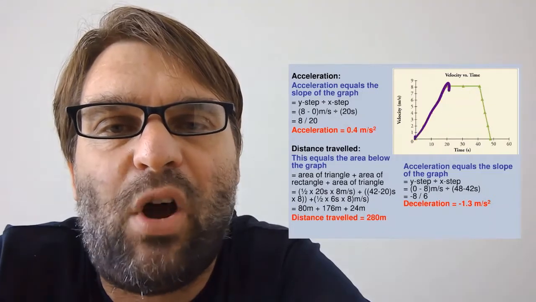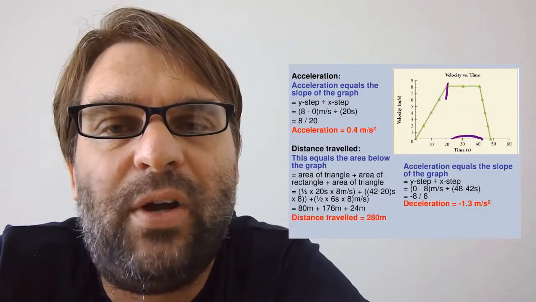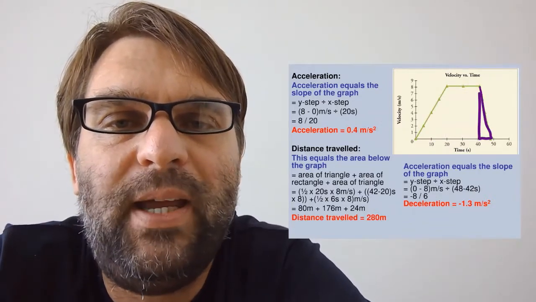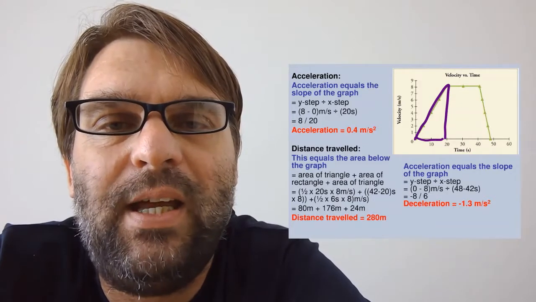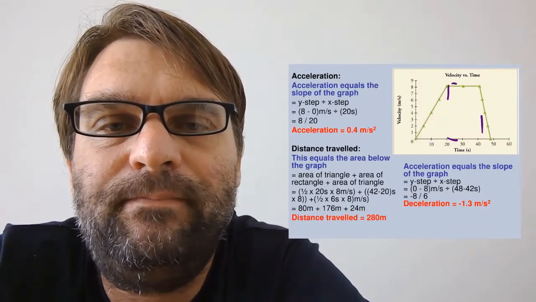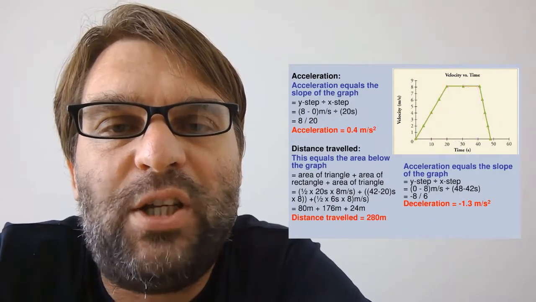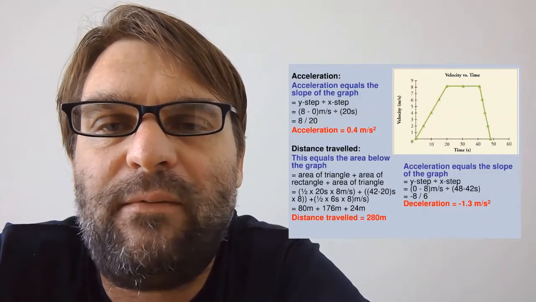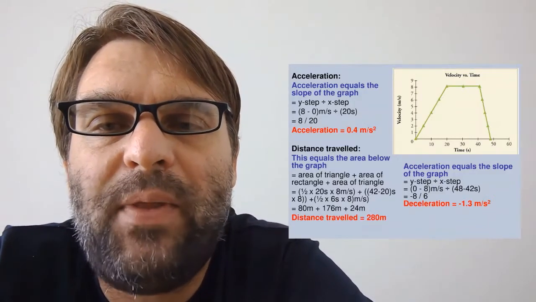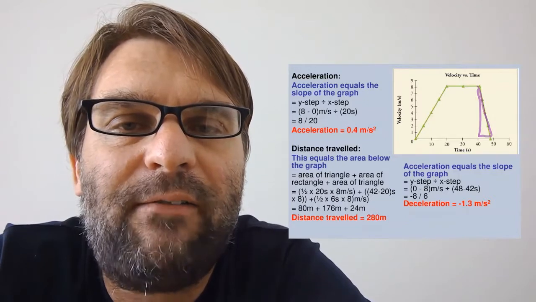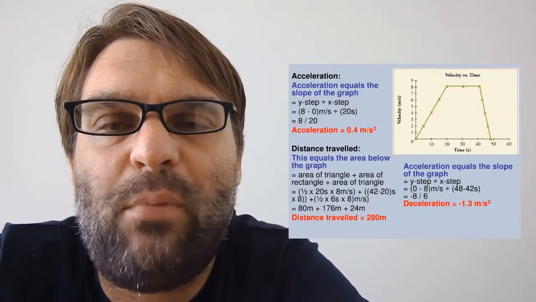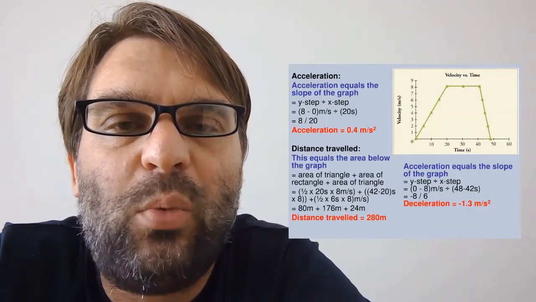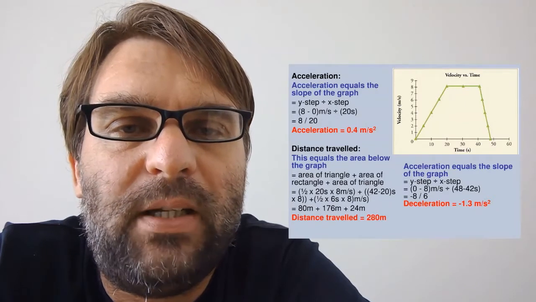So you can see it's an area of a triangle plus the area of a rectangle plus the area of a triangle, which will be half times 20 times 8 for the first triangle, plus 42 minus 20 times 8 again for that area of the rectangle, and then the small triangle you can calculate as half times 6 because it's 48 minus 42 in terms of the base, times 8, which gives 24 meters.